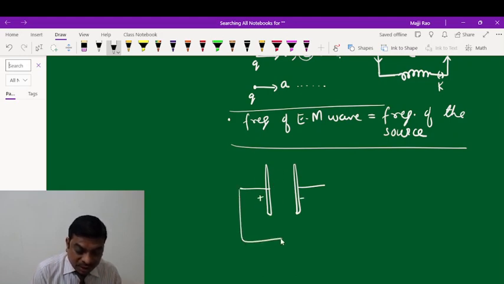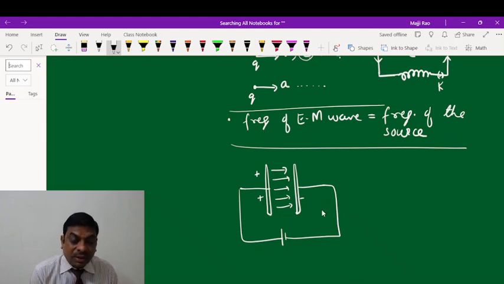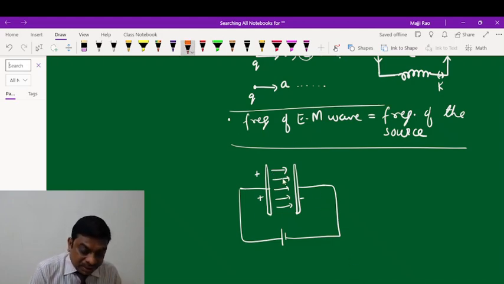During the charging of the capacitor, as we know, the electric field was directed in this way, along the length of the parallel plate capacitor. Then the magnetic field lines were like this, and the wave will propagate in this direction.